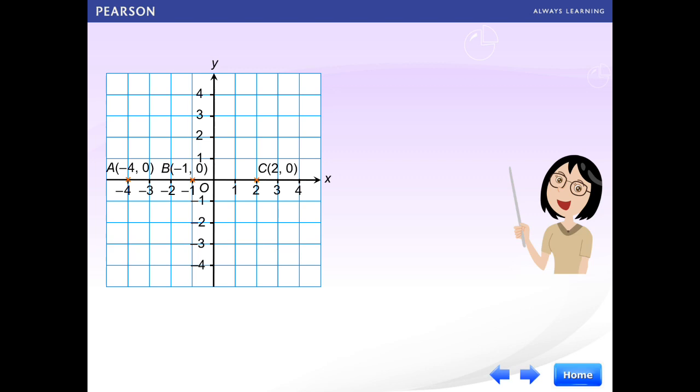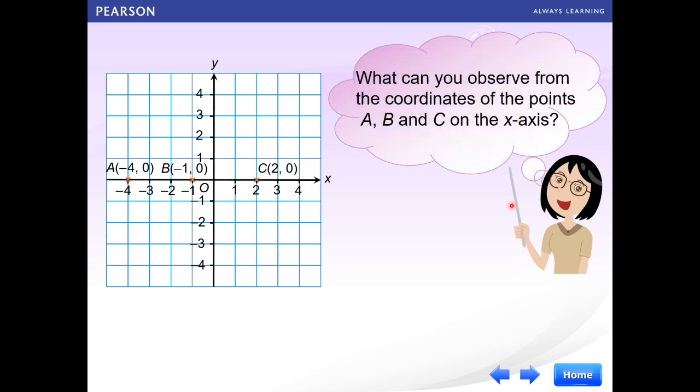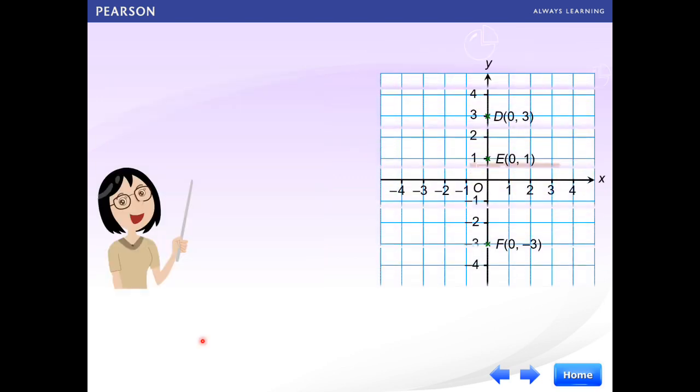Now we have 3 points, and all of them are on the x-axis. So, are there any similarities? Of course, you find out that the y-coordinates of these 3 points are all 0. So how about this one? You will see that these 3 points lie on the y-axis.